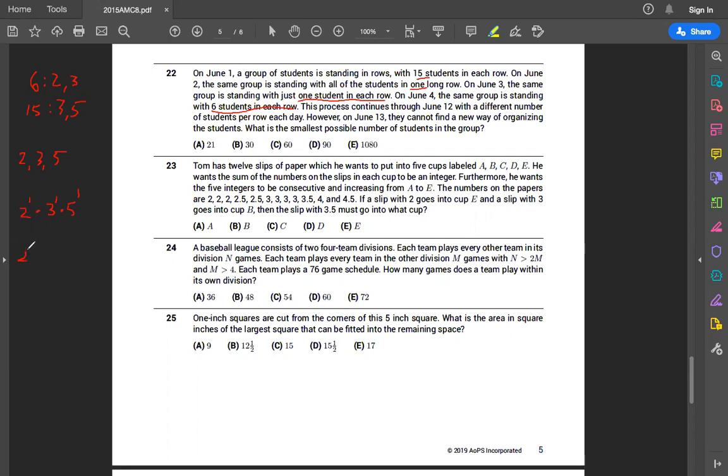So it'd be 2 to the 0 or 2 to the first. And then it would be the same for 3 and 5, where we have 2 choices for every factor. And that would give us a total of 8 factors.